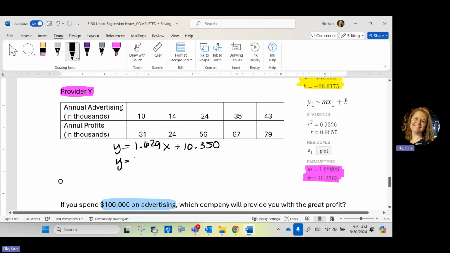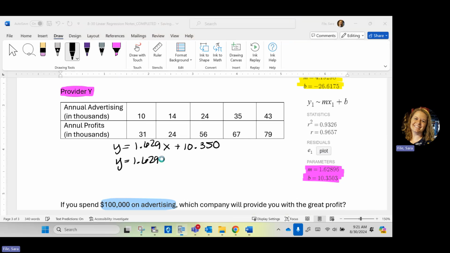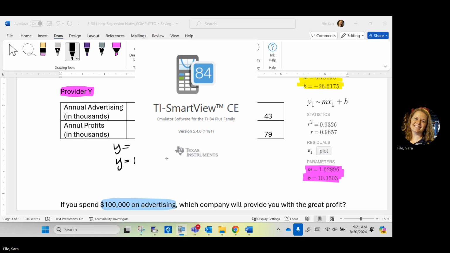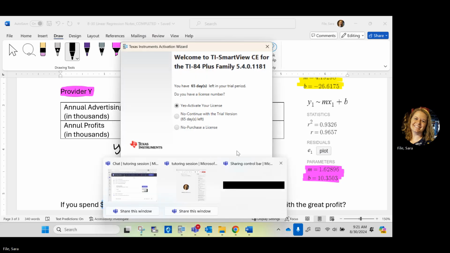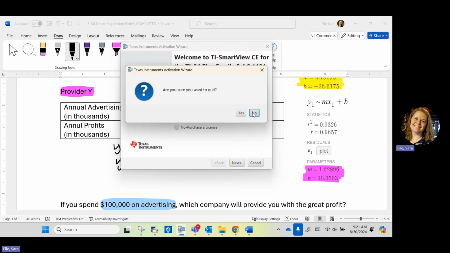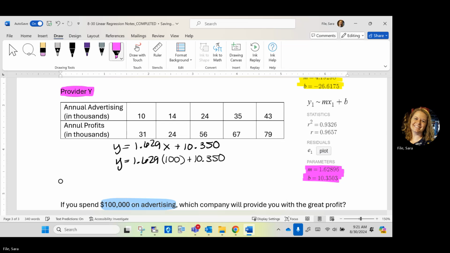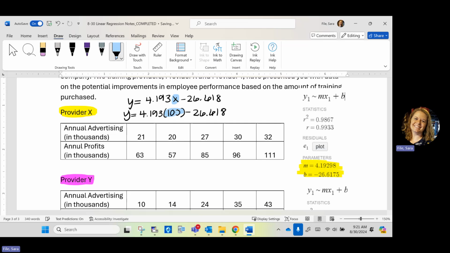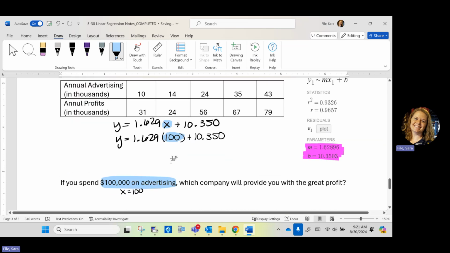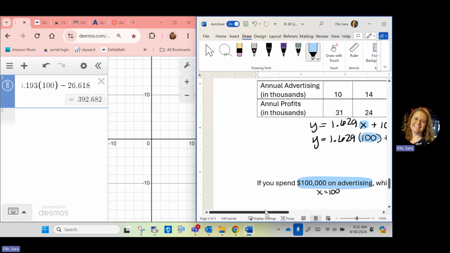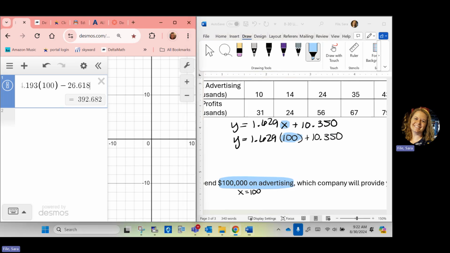And again, I'm plugging in that 100 in the same spot. Okay, so I got my equation and I'm plugging in the 100 for x, just like I did up here. Okay, but now I'm going to see what I get for this equation, because we want to see which one is going to provide the biggest profit.